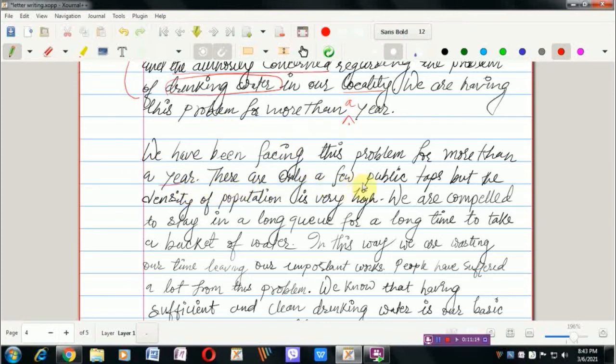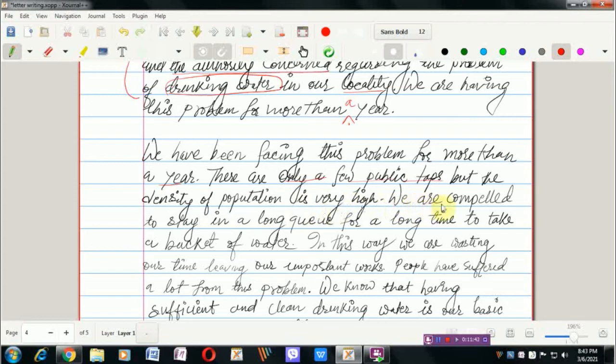Now, talking in detail about the problem: there are only a few public taps, but the density of population is very high. The number of public taps is not managed according to the density of population.